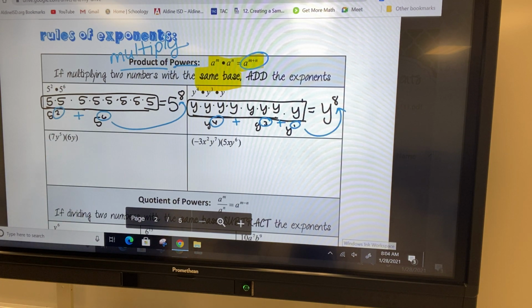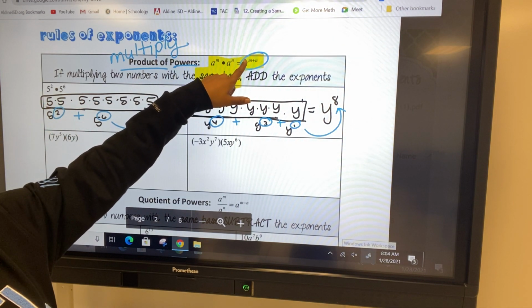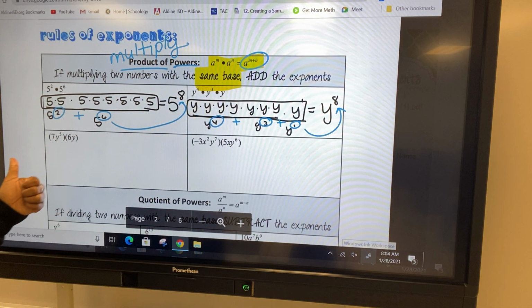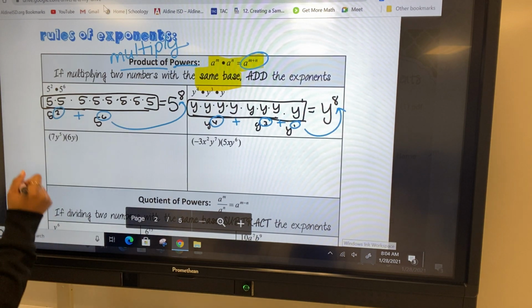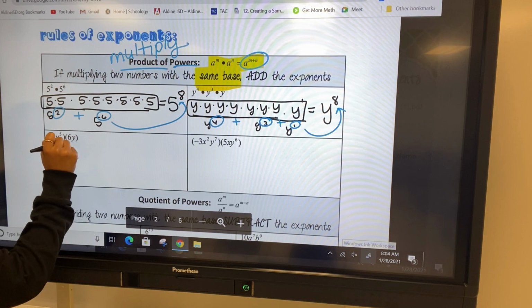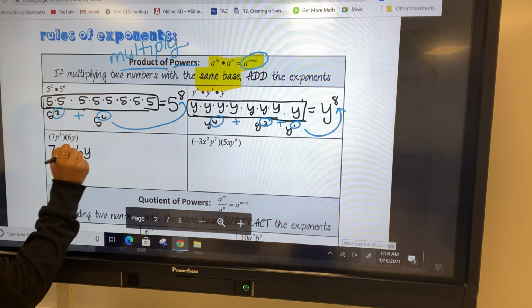Now, when we see this, adding only works for the smaller values, just the exponents. It doesn't apply to the coefficients. So when I multiply this out for this example here, this is like saying 7 times y^5 times 6y.